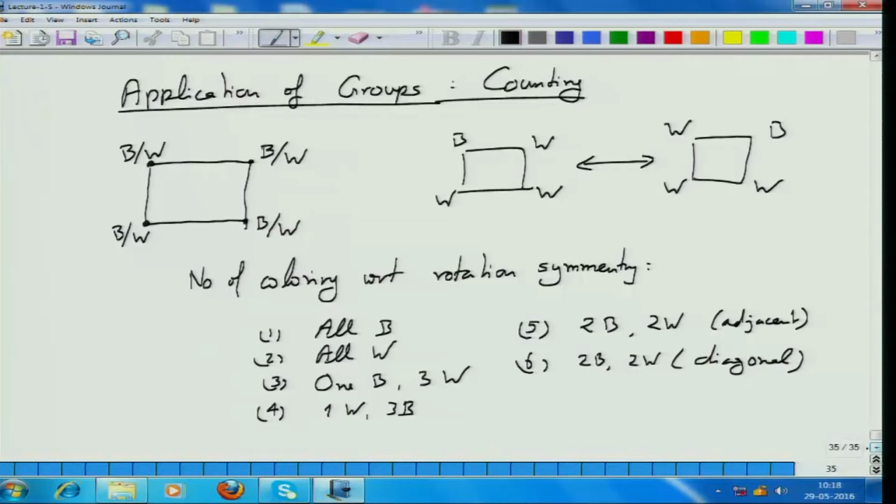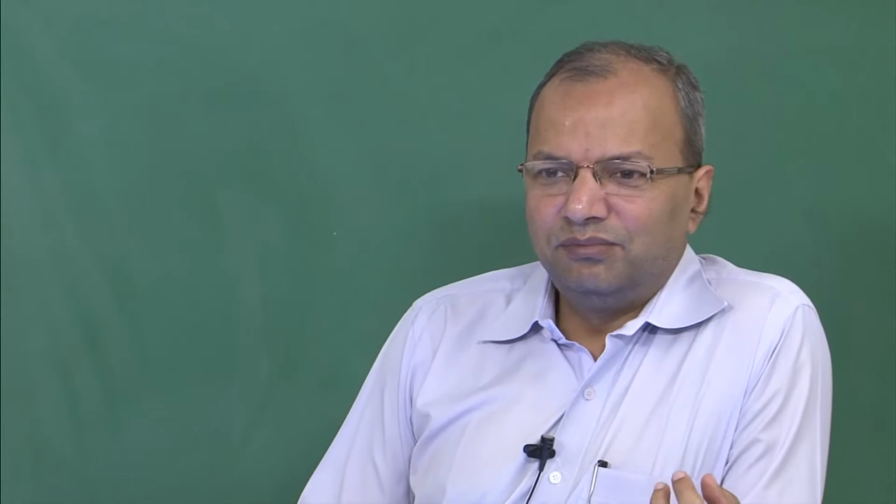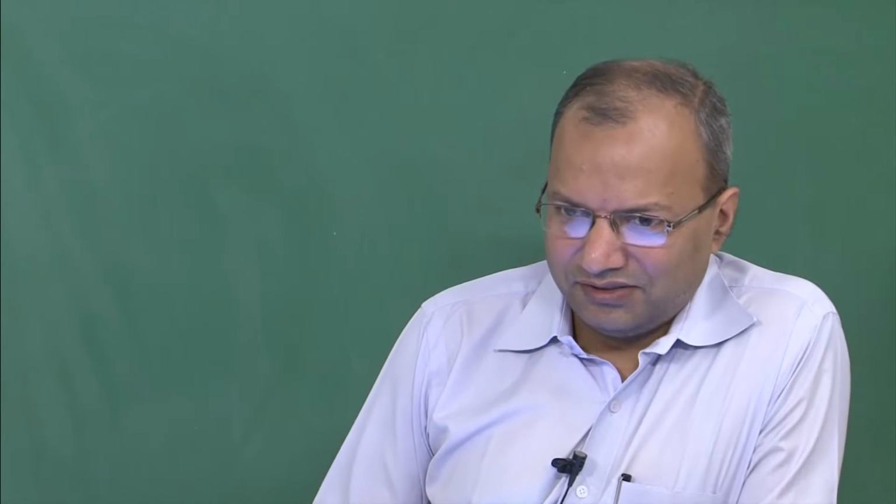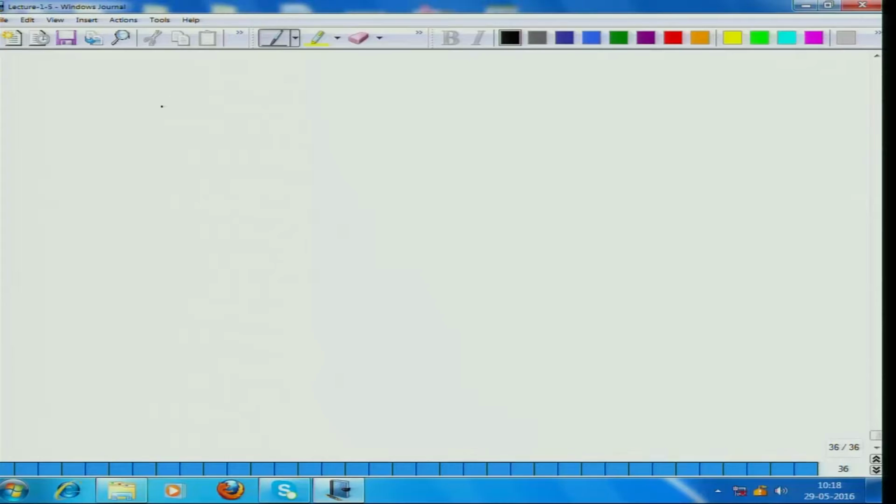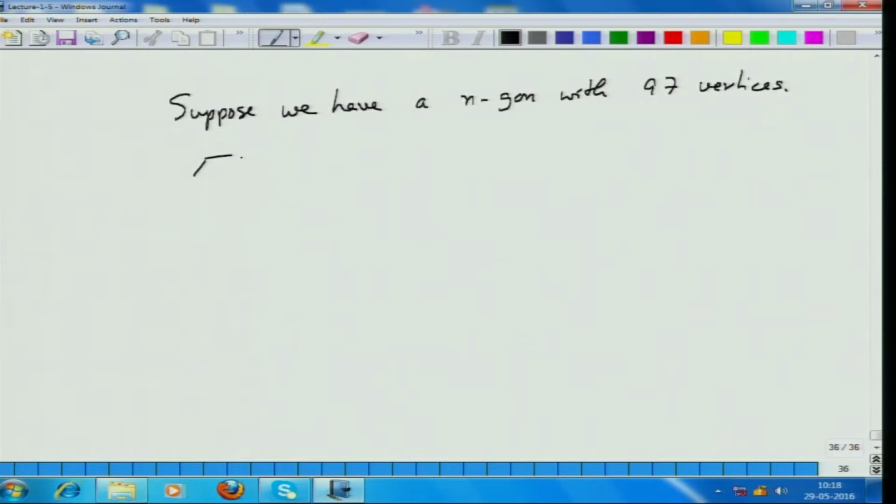But now let me propose a more difficult coloring. Suppose we have an n-gon with say 97 vertices, which is basically a similar structure with 97 vertices in it.